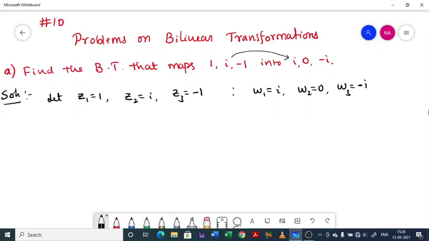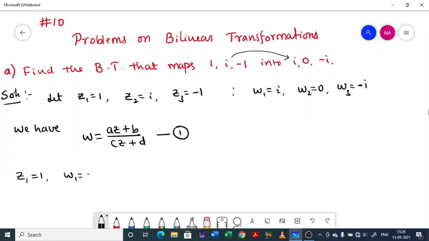Next, the second step: you have to consider the formula W equal to (AZ plus B) divided by (CZ plus D). Call this equation 1. Now substitute the points here. First point, Z1 equal to 1, W1 equal to i.